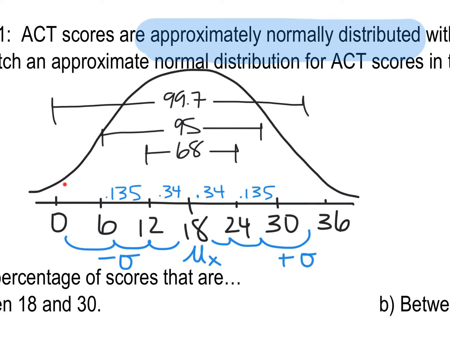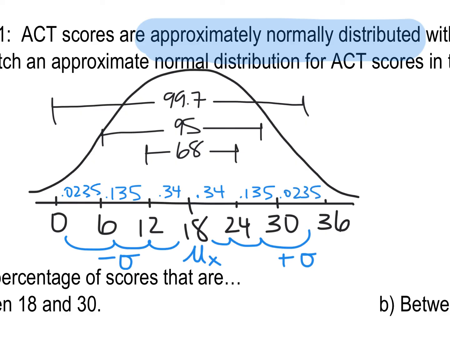Next, I'm going to label this increment and this increment. When you do 99.7 minus 95 and then divide that by 2 to get this increment and this increment, you get 2.35%. So 0.0235.